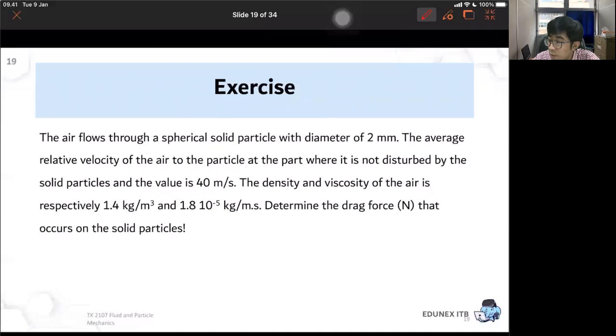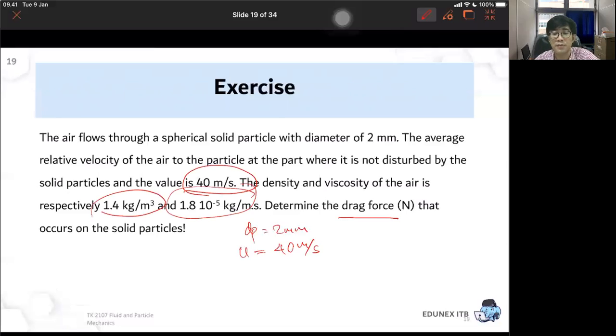You have solid particles with a diameter of 2 millimeters, and the average relative velocity of the air to the particle, in the part that is not disturbed by the solid particles, so this is the slip velocity, is 40 meters per second. And then the density and the viscosity of the air are given here. So please calculate how much the drag force is.